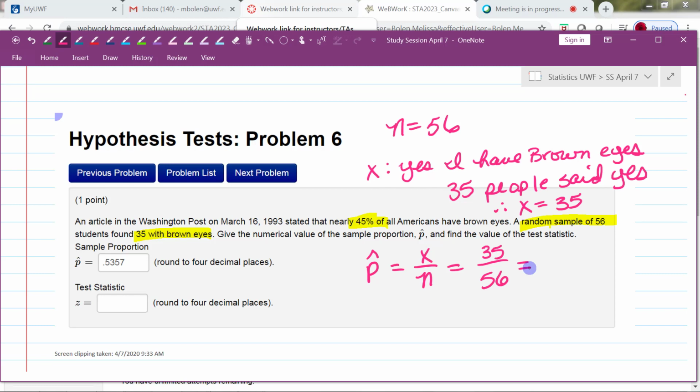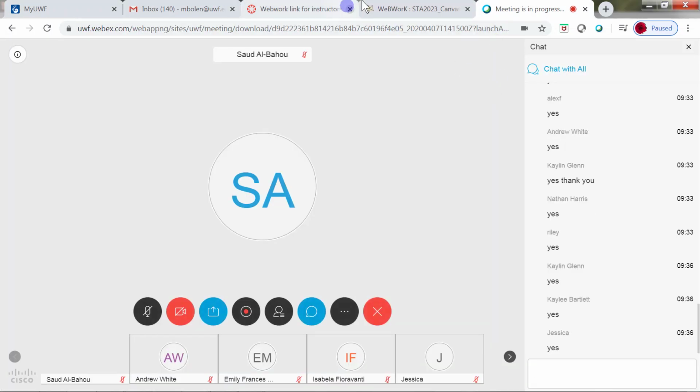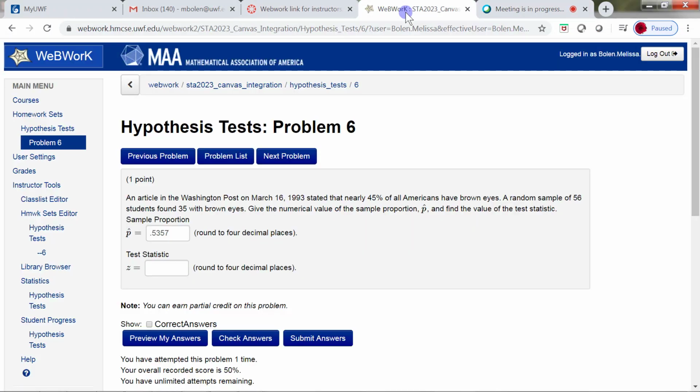Am I doing a calculation wrong? 35 of them, so it should be 35 divided by 56. And I'm getting 0.625. Is everybody else getting 0.625? That's correct. So give the numerical value for the sample proportion P hat.